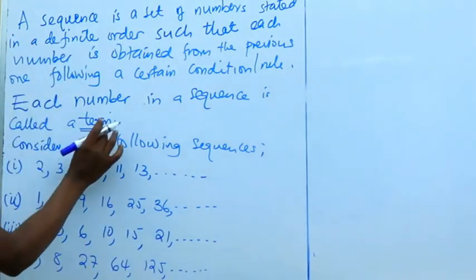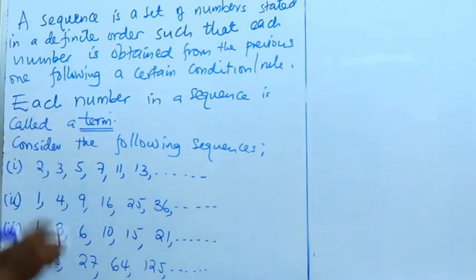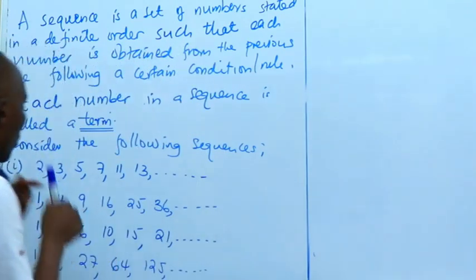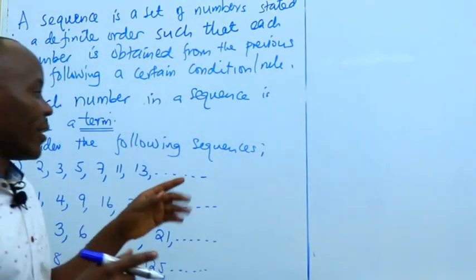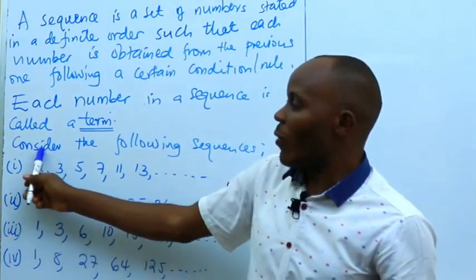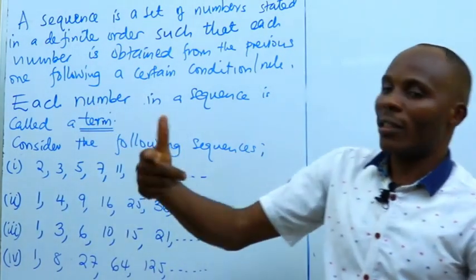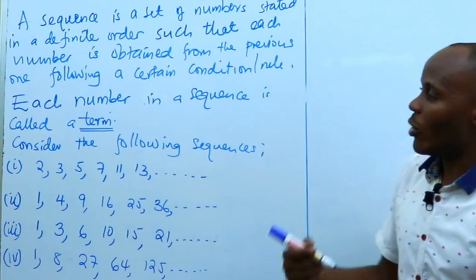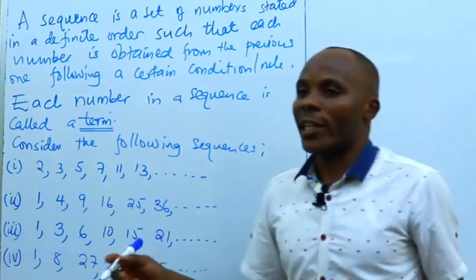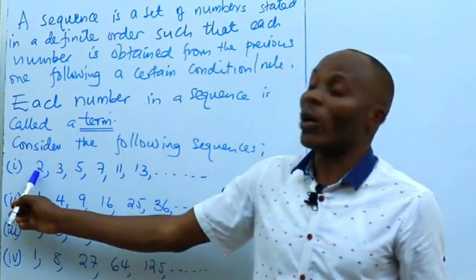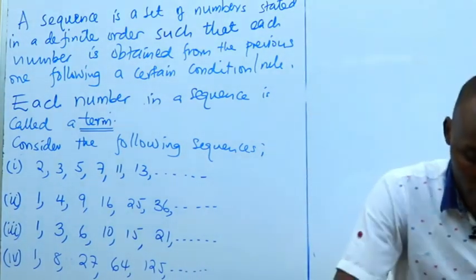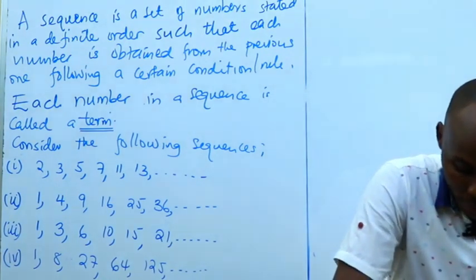That's why I've also told you that each number, so we are going to cease calling them numbers and we start calling them terms. If you are dealing with sequences and series, you are not going to call this the first number. You will call it the first term, because we are saying each number is called a term. So it depends on where the number is placed. That's why I've called this the first term, because it is placed in the first position.